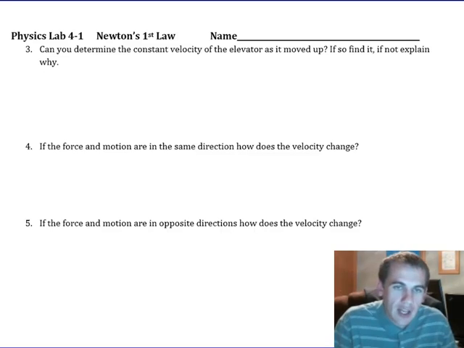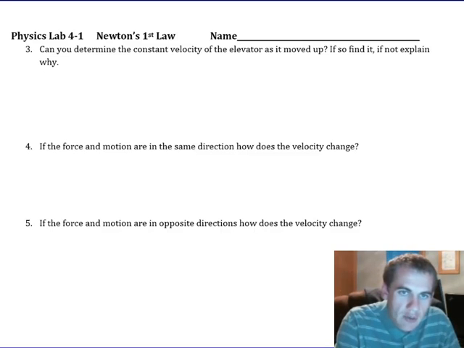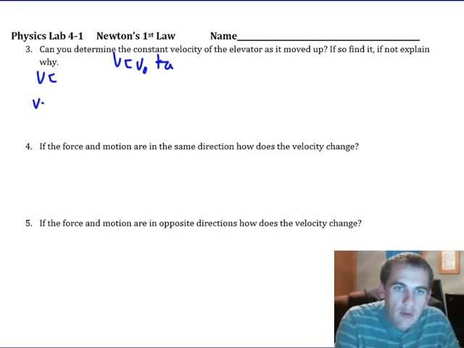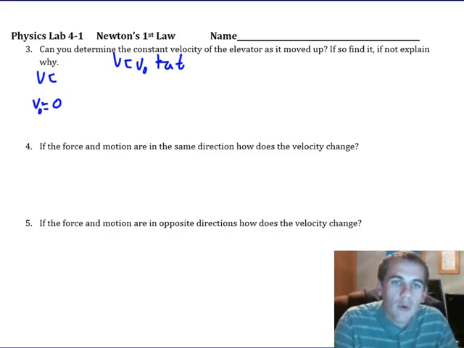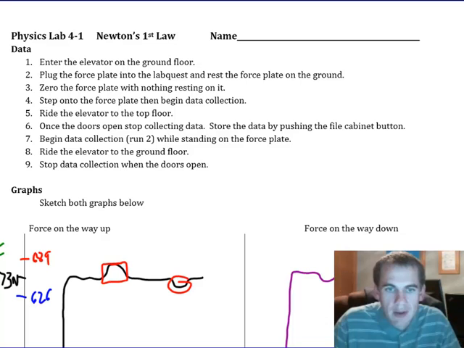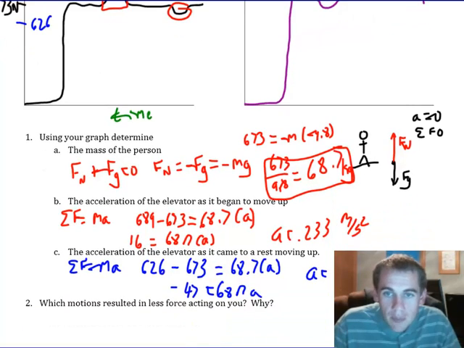Because what we can do with that is, if I want to know the final velocity of this elevator, I want to know v. That's what I'm looking for. I know v is equal to v naught plus at. And I know what the elevator started at. The initial velocity of this elevator was 0. From before, if we go back and look at our data, the acceleration there was about 680, or not the acceleration, sorry, that was a force.